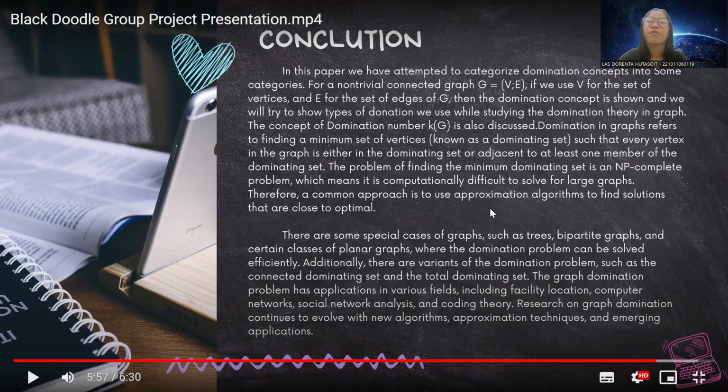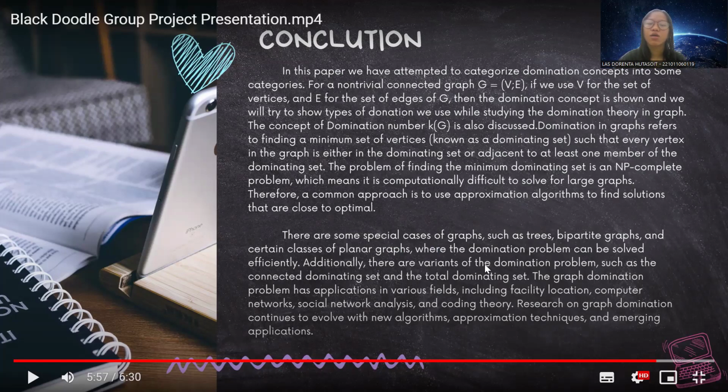Therefore, a common approach is to use approximation algorithms to find solutions that are close to optimal. There are some special cases of graphs, such as trees, bipartite graphs, and certain classes of planar graphs, where the domination problem can be solved efficiently.